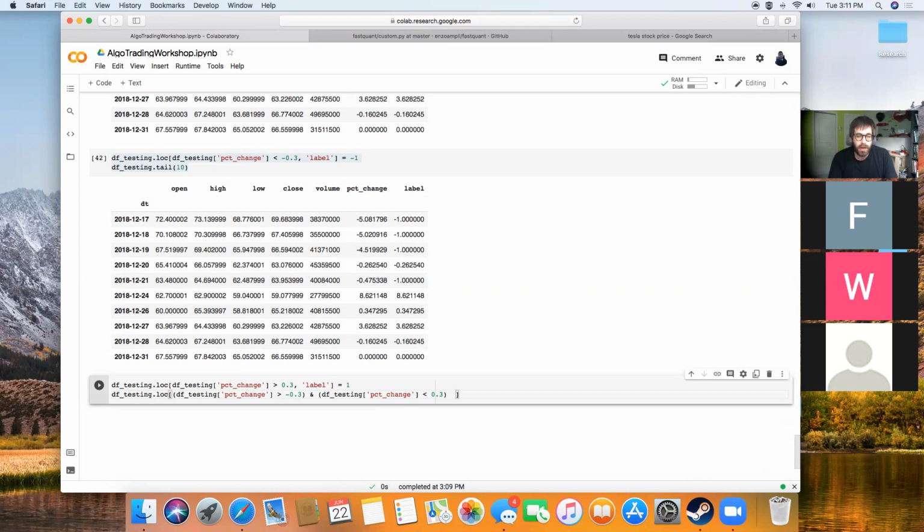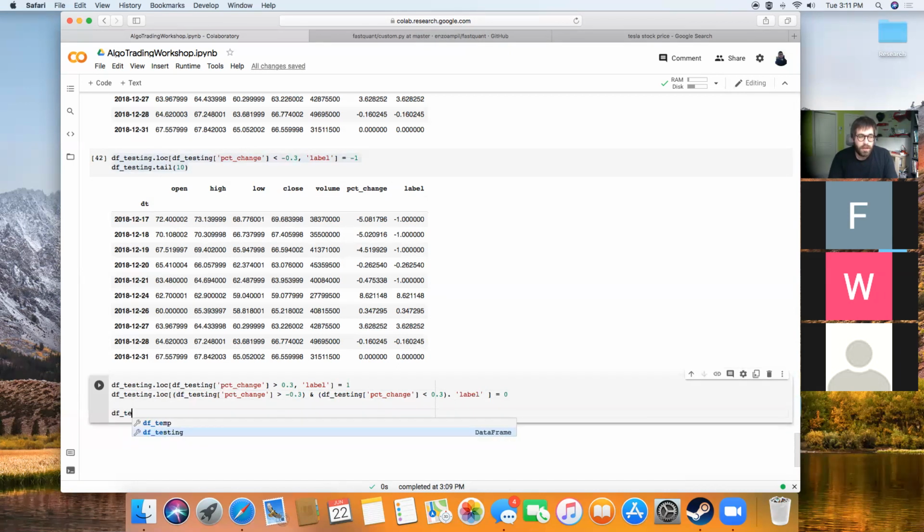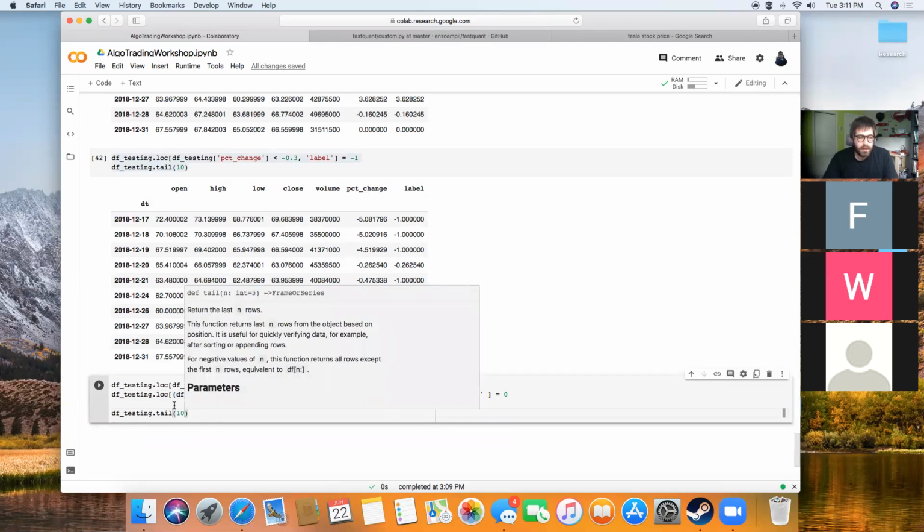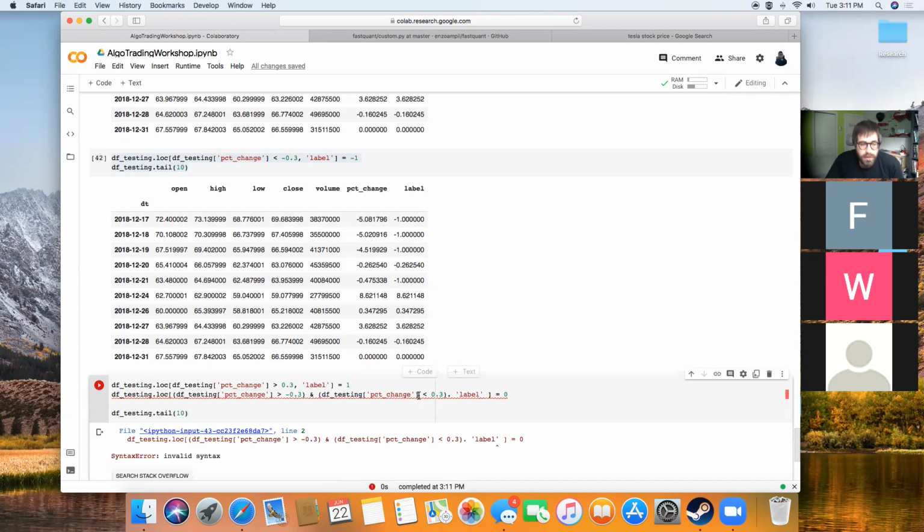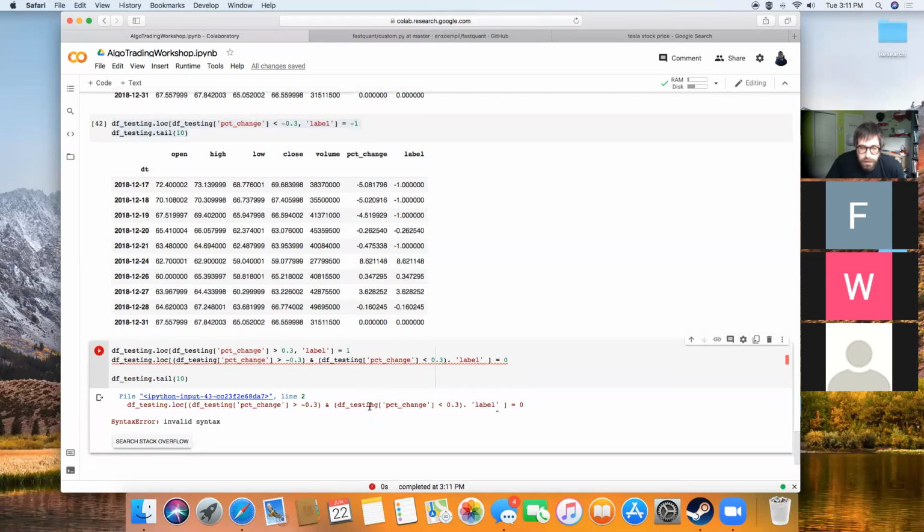So we're not going to buy or sell, we're going to just hold, which means we're giving it a label of 0. Okay, I have something wrong here. I have a dot instead of a comma.